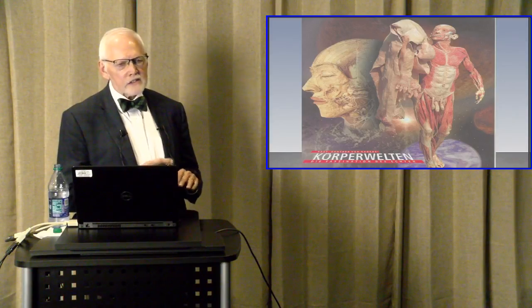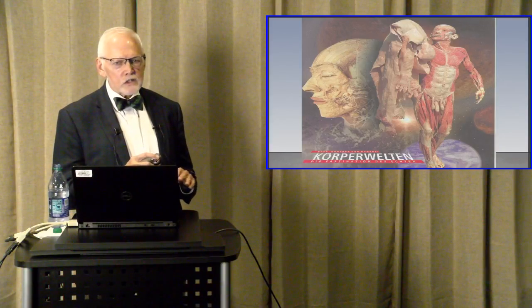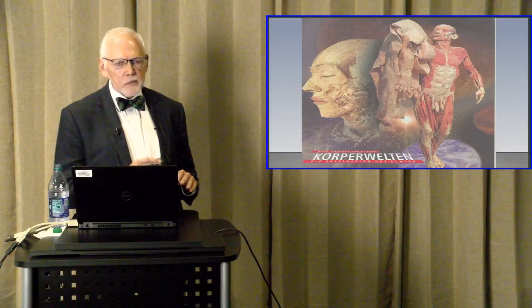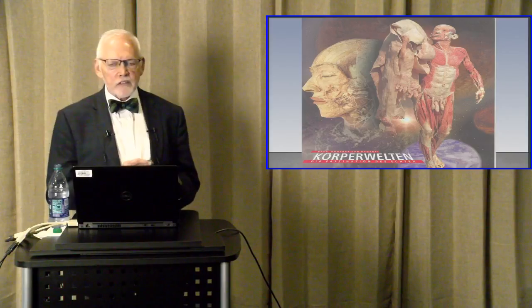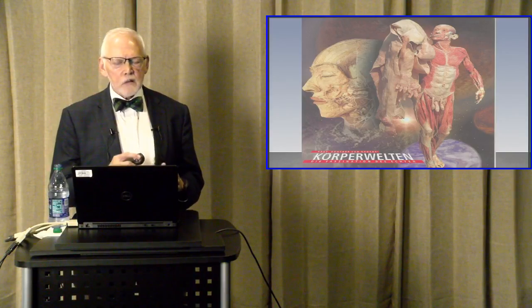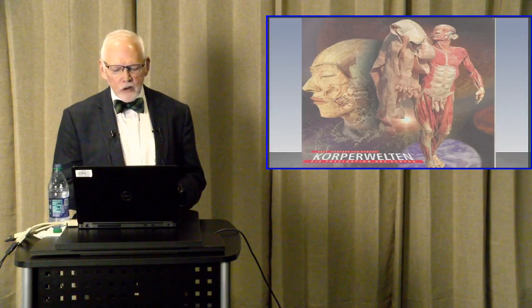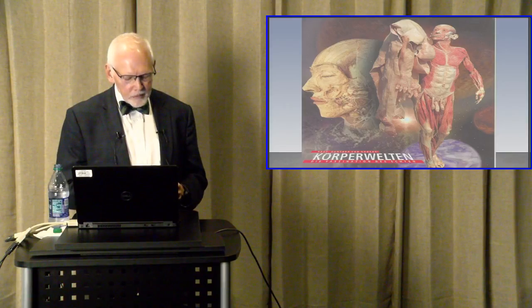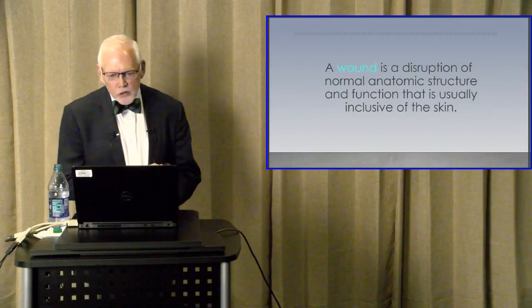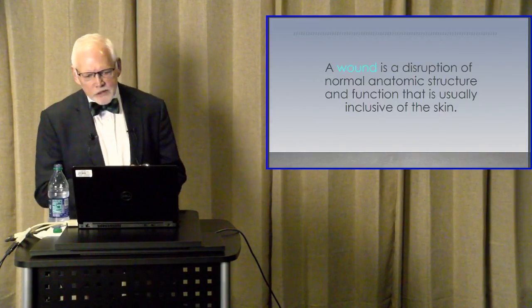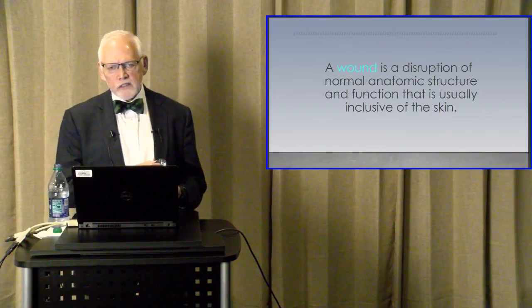It also has an acid mantle, which is made up of sebum and other materials that's slightly acidic, 4.5 to 5.5, and helps to protect us against microbes. So for a definition, a wound is a disruption of normal anatomic structure and function that's usually inclusive of the skin.